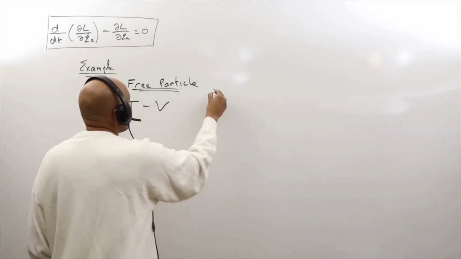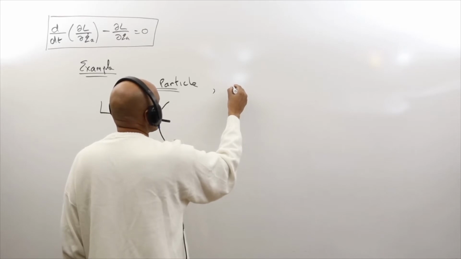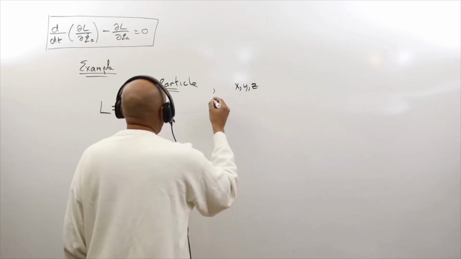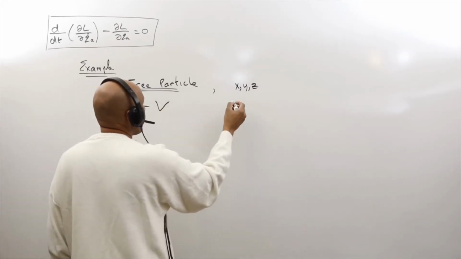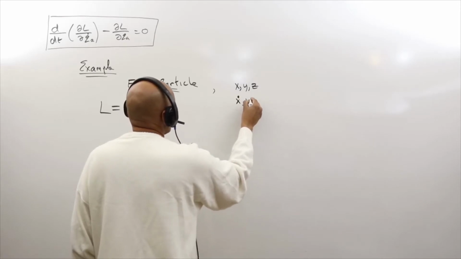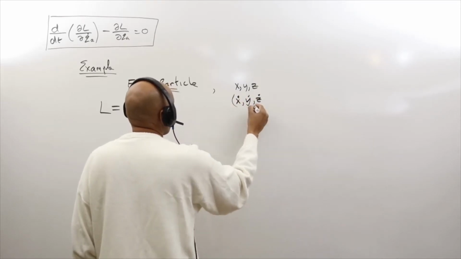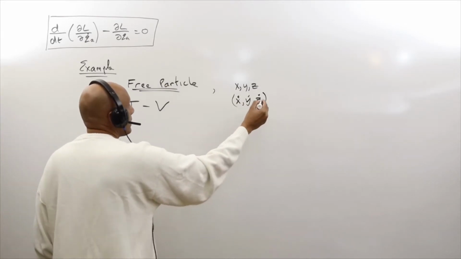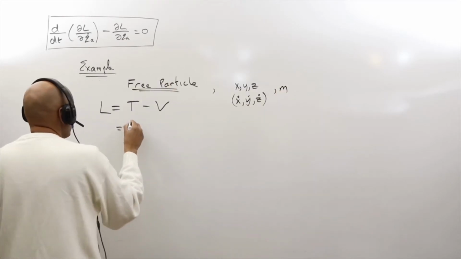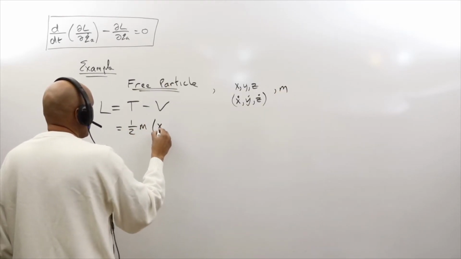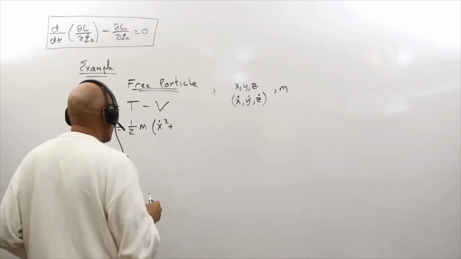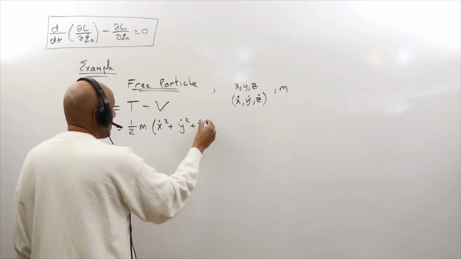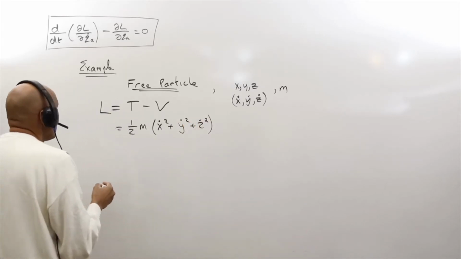We'll assume the particle can be defined by coordinates x, y, z, and so its velocity is given by x dot, y dot, and z dot. So our kinetic energy term for a free particle of mass m is given by 1/2 m times (x dot squared plus y dot squared plus z dot squared), or the speed squared. So here's our Lagrangian.